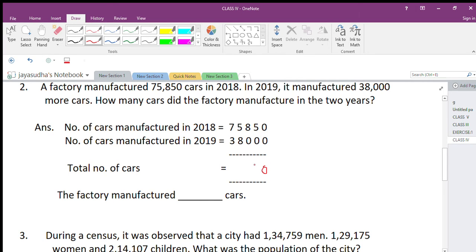Any number you add with 0, you get the same number. So 0 plus 5 is 5. Then 8 plus 0. The same. 0 added to anything, you get the same number. So 0 plus 8, you get 8.